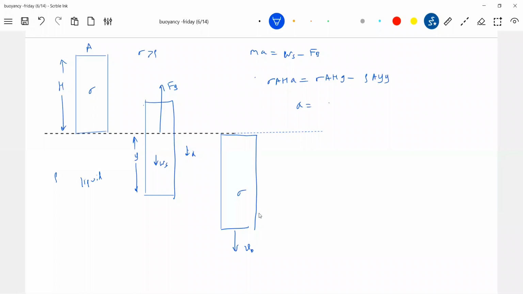What we get, I think A gets cancelled. Sigma h g minus rho g y, by sigma h. So this will become g minus rho g y by sigma h.